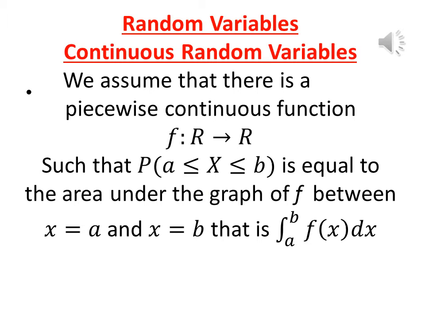The difference between discrete random variable and continuous random variable. Discrete random variable, the variable is countable, i.e. can be counted like 1, 2, 3 and so on.